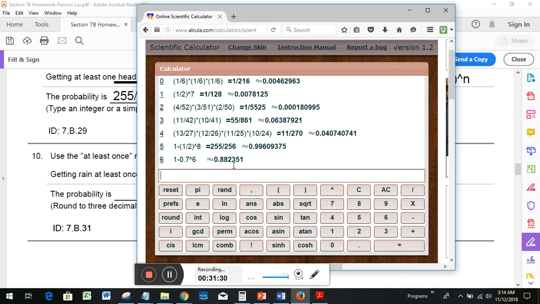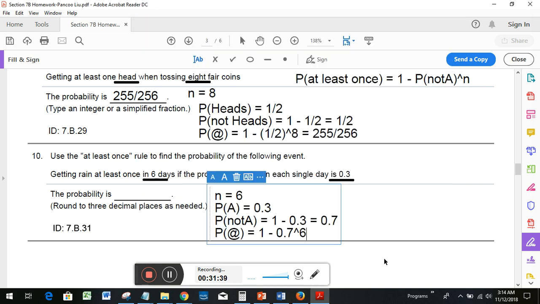Since 3 is less than 5, 2 remains the same, so our final answer will be 0.882. In other words, we have about an 88% chance of getting rain at least once in those 6 days.